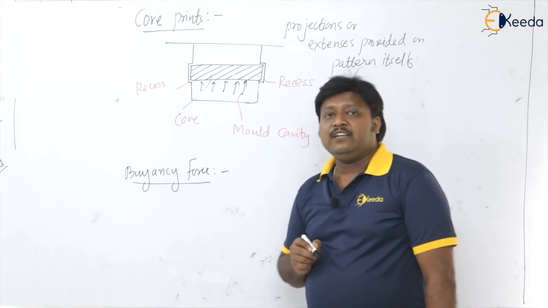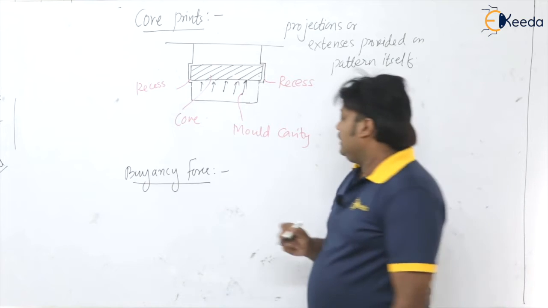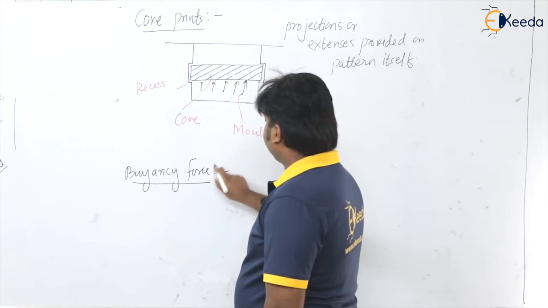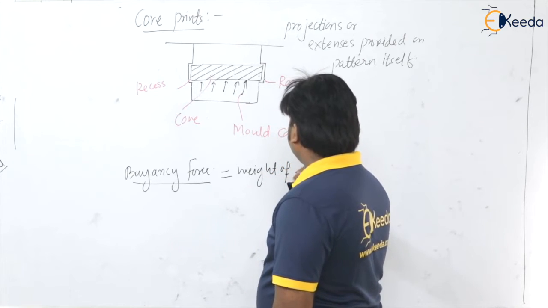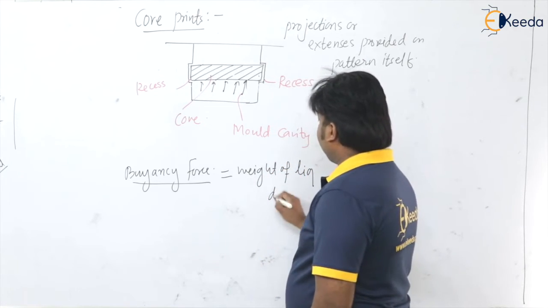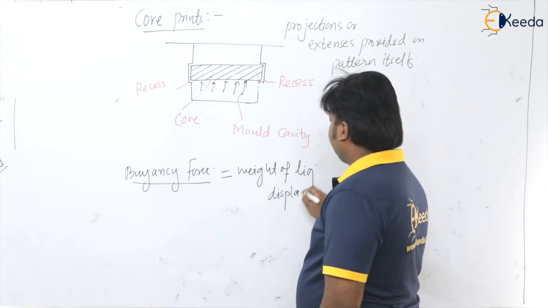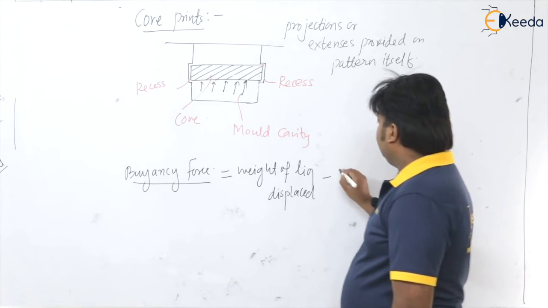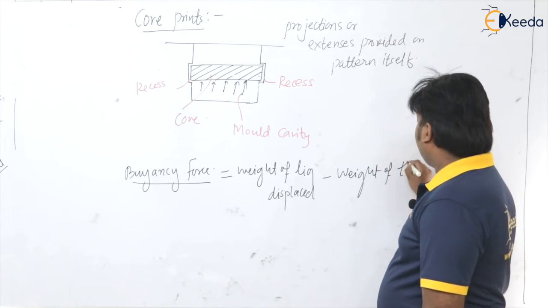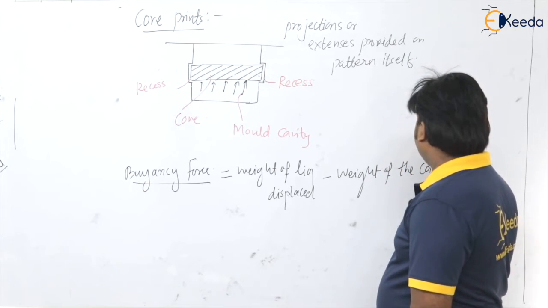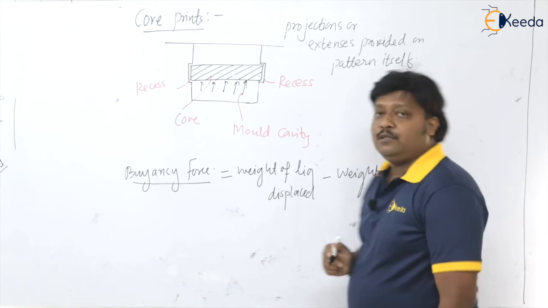So how can we calculate this net buoyancy force? That is equal to the weight of the liquid displaced minus weight of the core. This is the buoyancy force.